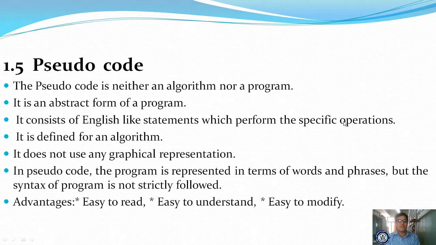In the same sense, pseudocode concentrates on the abstract of a program, only the essential details. It consists of English-like statements which perform specific operations. Now what does a pseudocode consist of?